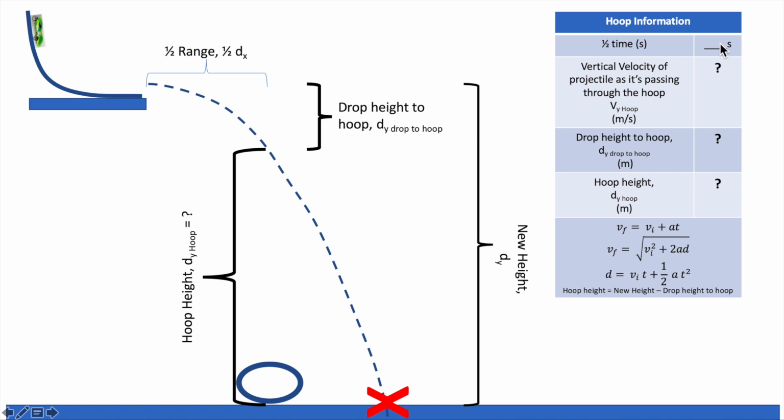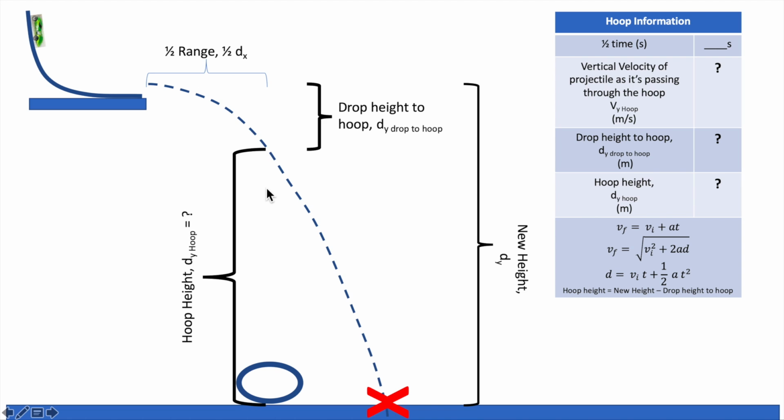Okay, so again, you're going to use the half time and find out how far would the car drop, and then using how far the car ends up dropping, and knowing the height of the table, you can find out how high up the ring must be placed. One other bit of information I want you also to solve for is its vertical velocity.